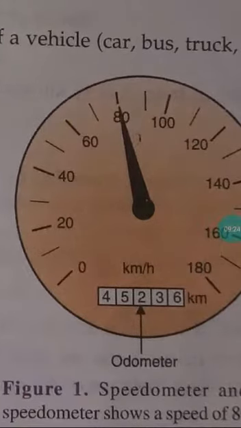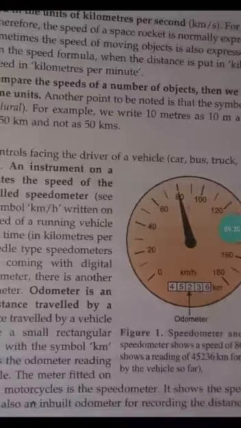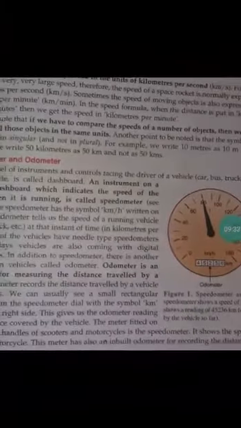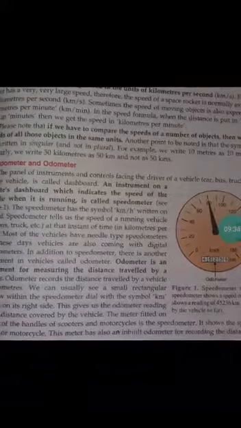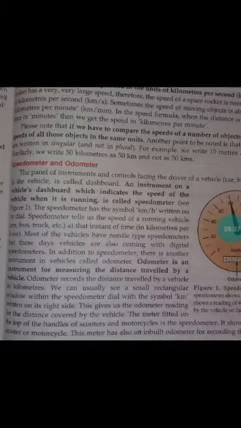See here, kilometer per hour is written. Kilometer per hour means what? It is a unit of speed. So that is called the speedometer. The speedometer has the symbol kilometer per hour written on its dial. Yes, we have seen that. The speedometer tells us the speed of a running vehicle at that instant of time in kilometers per hour.